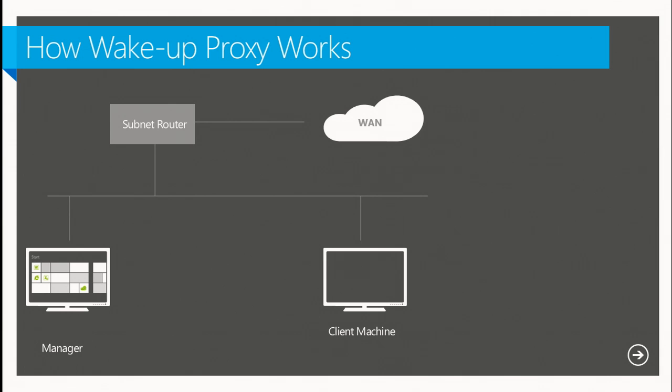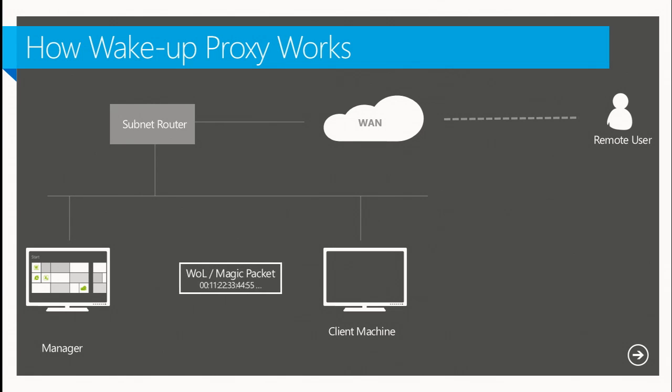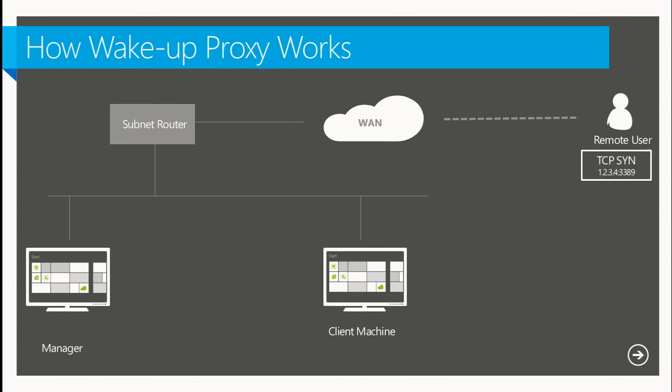It identifies itself with the same MAC address and port, so when a remote user initiates anything, it could be a remote connection, it could be a deployment, the TCP SYN gets to the manager. The manager sends a wake-up packet to wake the client up, and when the message is resent, it just arrives at the client it was intended for, and that's it. There goes the ACK, and everyone's happy.